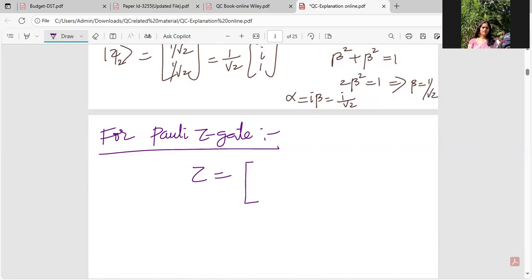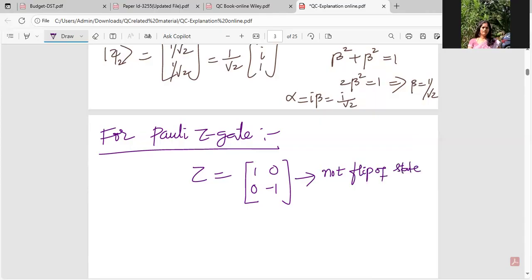The Z gate looks like this. It's nothing but 1 0, 0 minus 1. What is said here is no flip of state. Why?